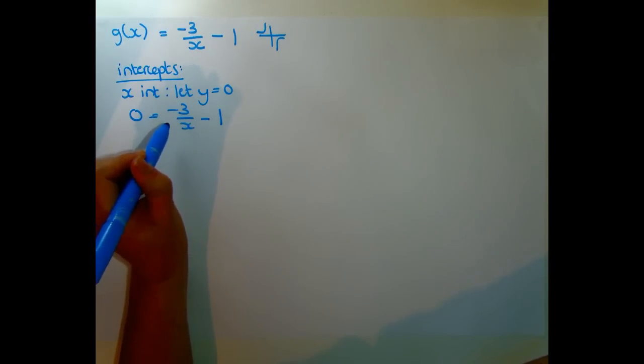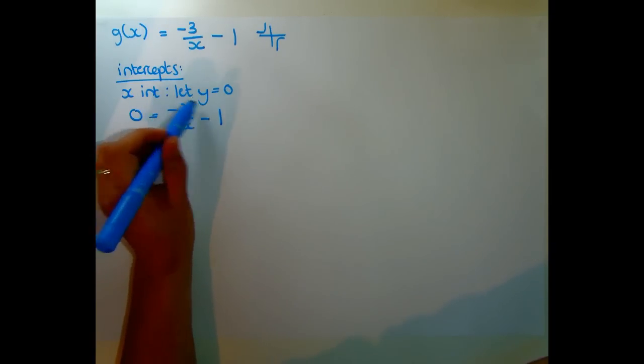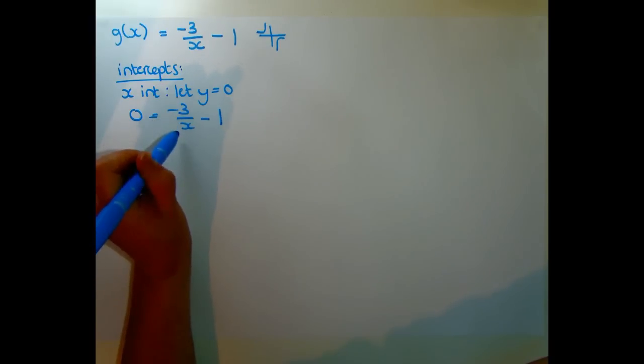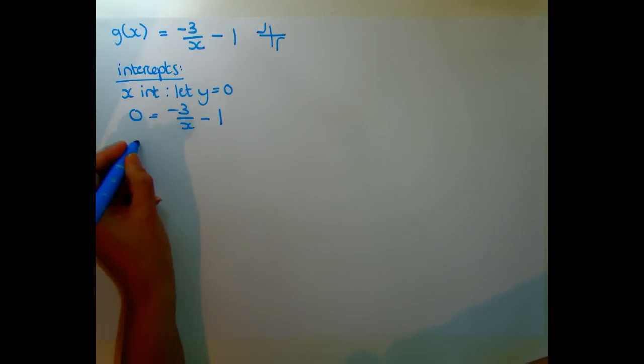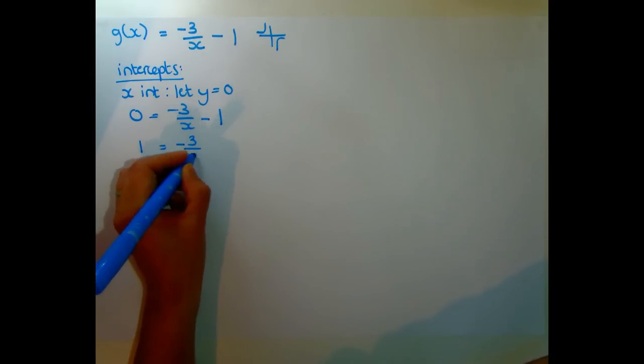Just like for calculating the gradient of a straight line, if we keep a convention and we always do it the same way, then we'll confuse ourselves less. So stick to moving it to the top and keeping the number negative instead of the x. It actually doesn't make a difference, it's just easier to work with if that's at the top. So moving the 1 across, it's going to be a +1, and that's going to be -3 over x.